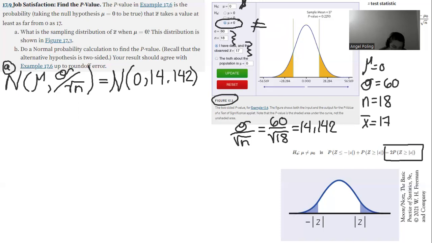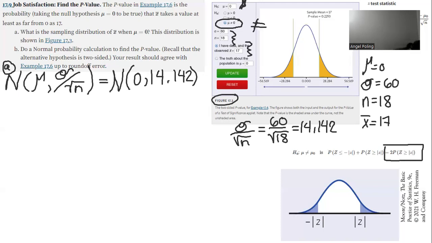And your results should agree with example 17.6 up to round off error. Okay, so let's calculate a z-score and then use table A to find values. And this time we have to consider that there's two tails.